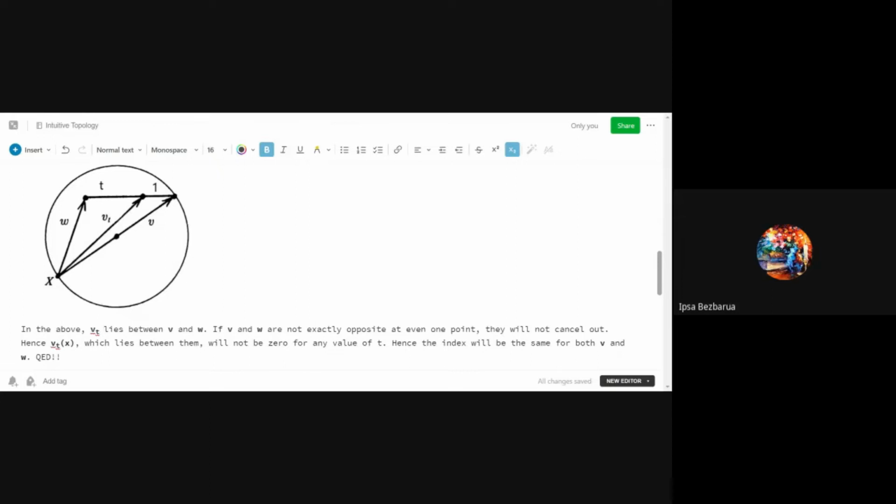Because it's never going to be 0, I'm not going to encounter any singularity along this curve, and hence the indices will be the same for both v and w.